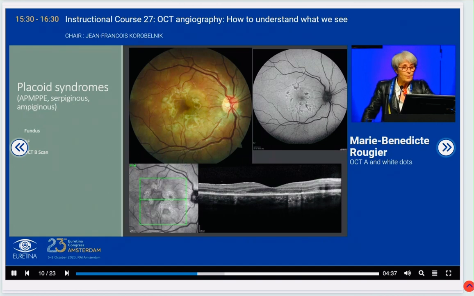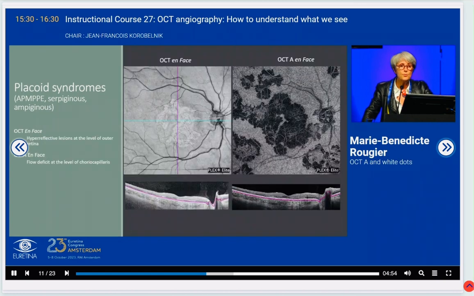Let's go to placoid syndromes, and you can recognize here a typical case of APMPPE. And on the B scan, you can see the hyperreflective material at the level of the outer nuclear layer. And if you perform an OCT en face, you can see at the level of the outer nuclear layer a beautiful hyperreflective lesion.